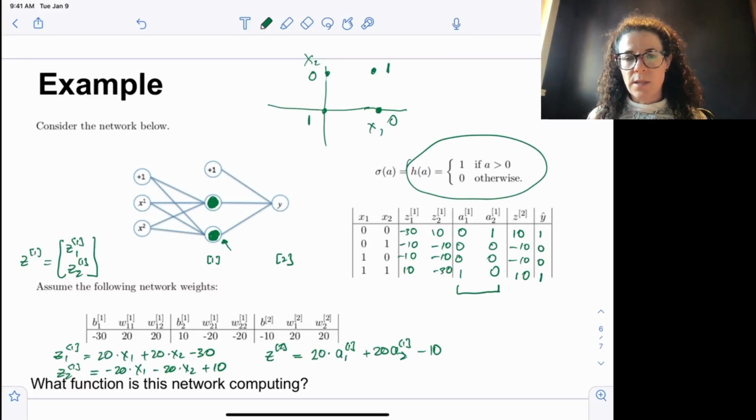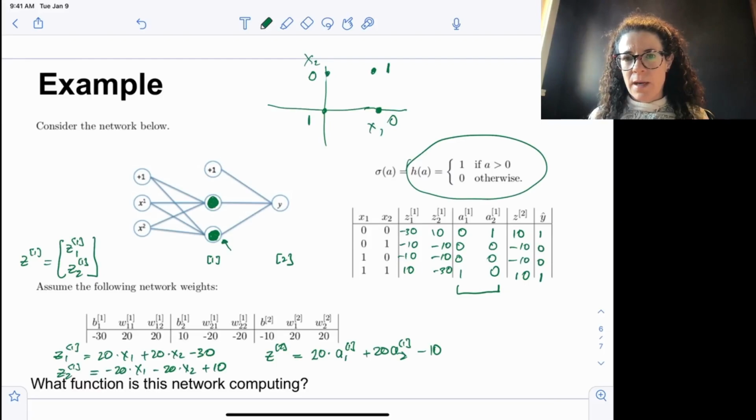So as you can see here, this is computing kind of a non-linear function, because no line can divide the two ones from the two zeros.